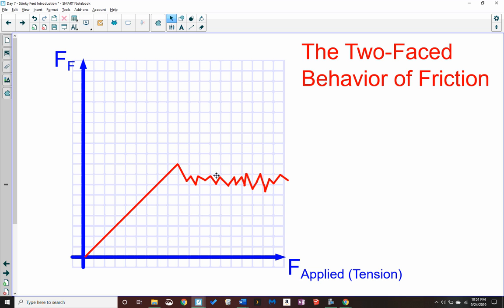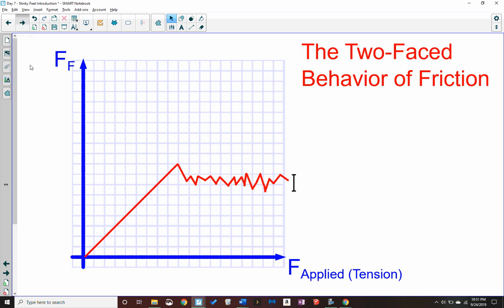So if we were trying to describe what we should record for the frictional force, the degree to which it bounces around tells us what our margin of error should be. Earlier in the year we talked about rules of measure for analog and digital devices, where in this case it would probably be reasonable to think of the margin of error as how much these bounce around. Remember that for what you're going to do with your lab.